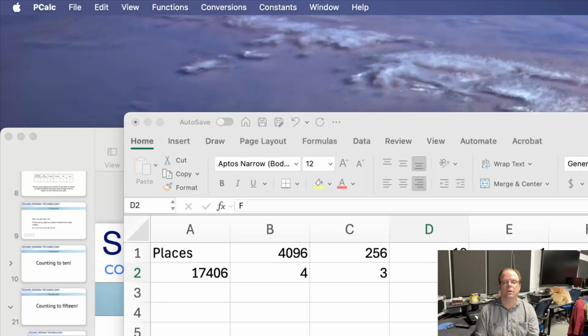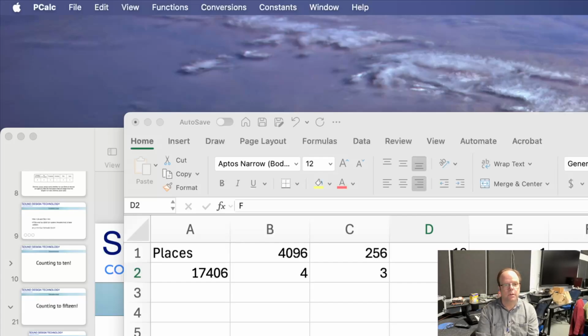So 15 times 16 is 240. That's how many I've accounted for with these 16s, 240 worth. So I'm going to add that in here. That's how much I've accounted for now.